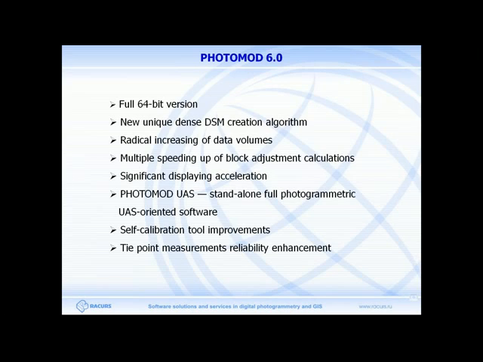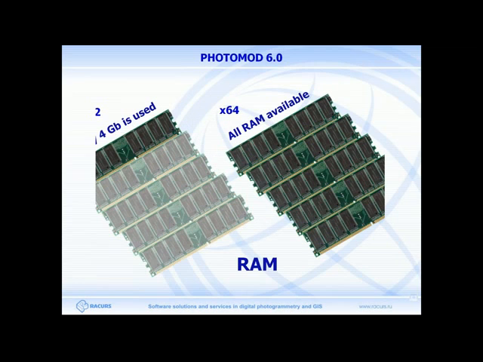The principal innovation of PHOTOMOD 6 is a new unique algorithm of constructing dense surface and terrain models. And for UAS data exclusively there is a separate specialized software, PHOTOMOD UAS. Now, more details about all of this.